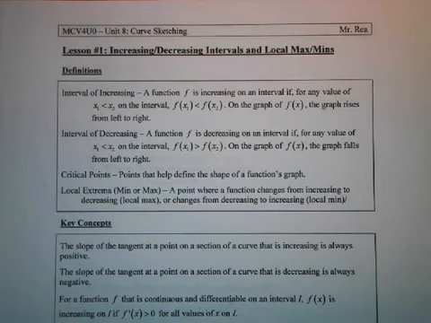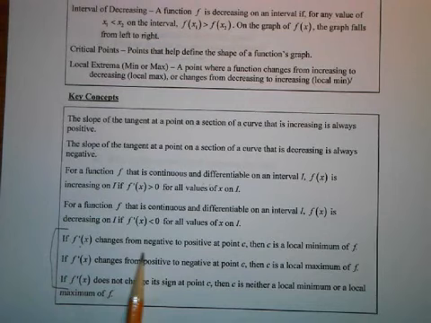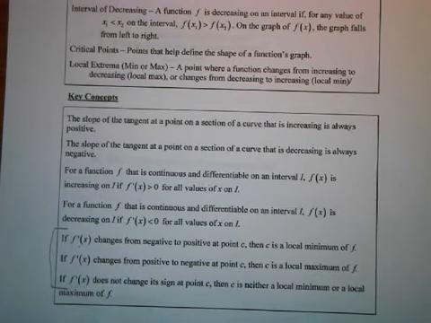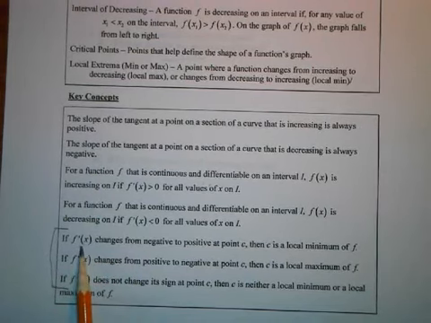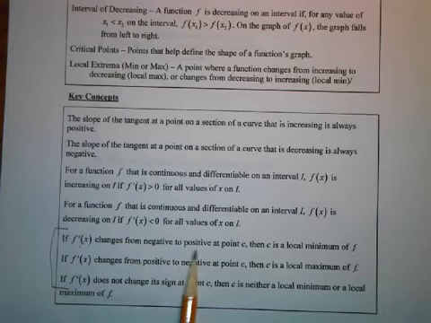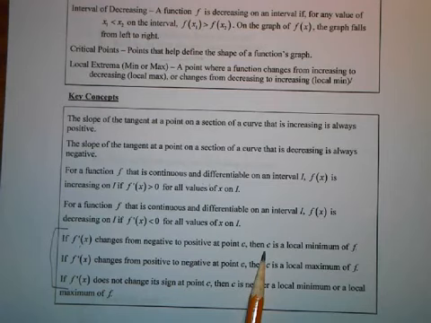Let's go down to these three here. Basically, this is where we apply the derivatives. If f prime of x, the derivative of f, changes from negative to positive at a point c, then c is a local minimum.